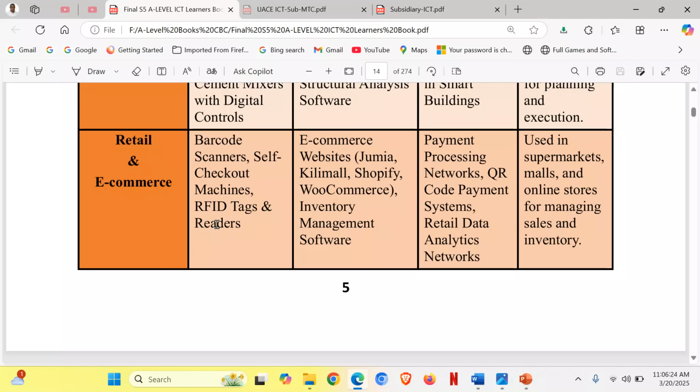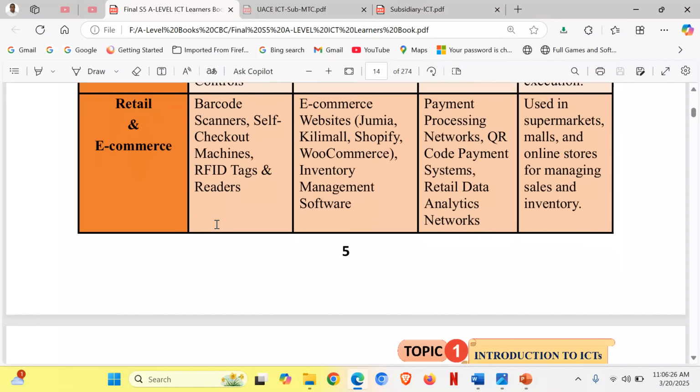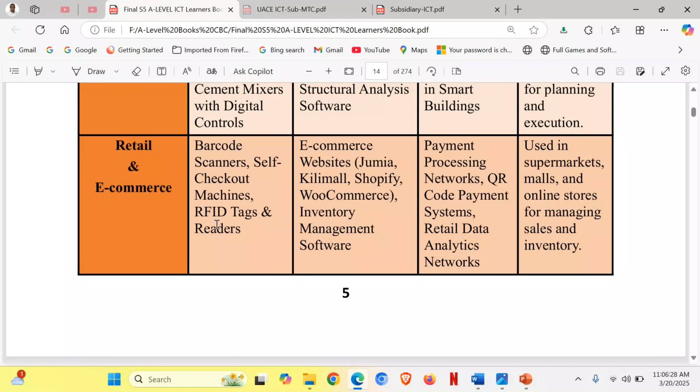How about in retail and e-commerce as a sector? In retail and e-commerce as a sector, we have barcode scanners, self-checkout machines, and RFID tags and readers. Those are the hardware ICT tools in retail and e-commerce. How about the software tools?